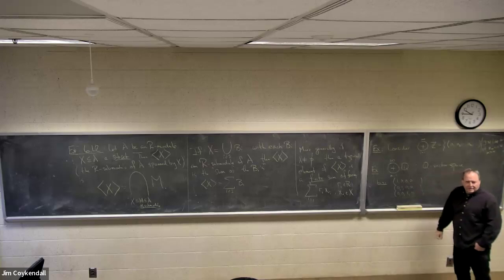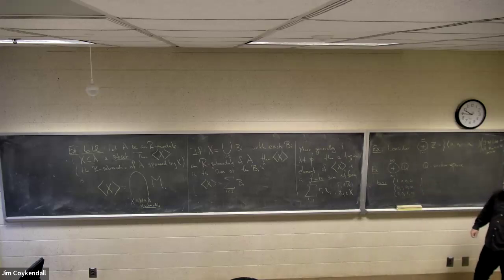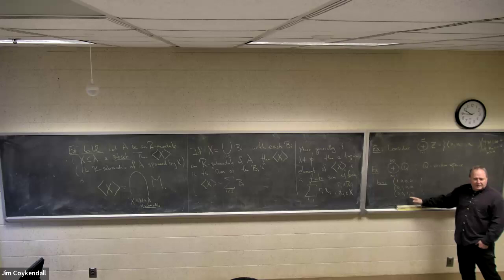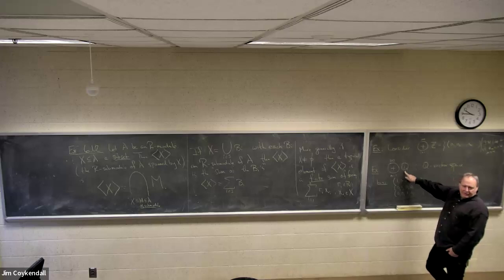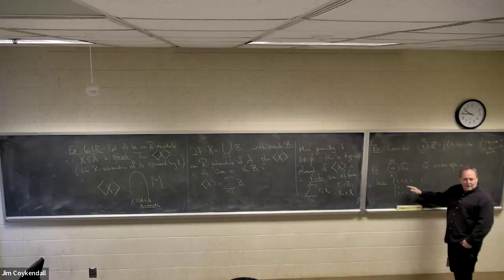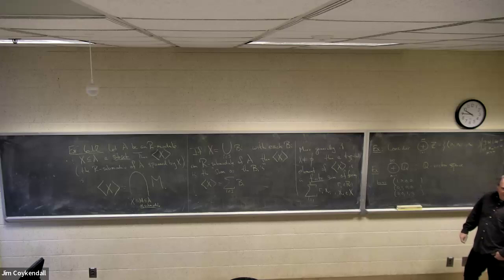Everybody agree that's a basis? Because certainly, I think we would agree that this is linearly independent, right? And since anything in here ends in an infinite string of zeros, you only need finite linear combinations to do everything, right?